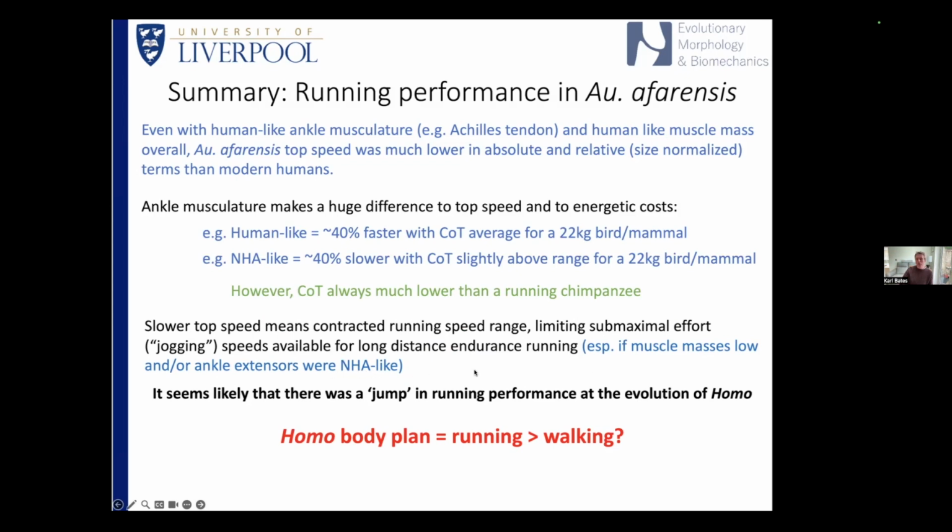So the capacity for endurance running in Australopithecus, we can make an indirect argument, was probably much more reduced than in modern humans. But overall, even though we can't accurately predict how fast Australopithecus could run and how much energy she used, it does seem that there was a jump in running performance at the evolution of Homo, and that perhaps the human body plan was more about running than it was walking.